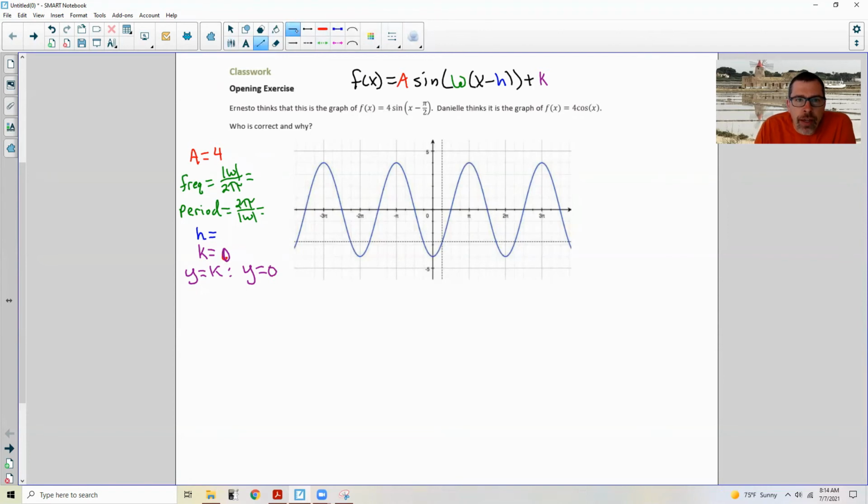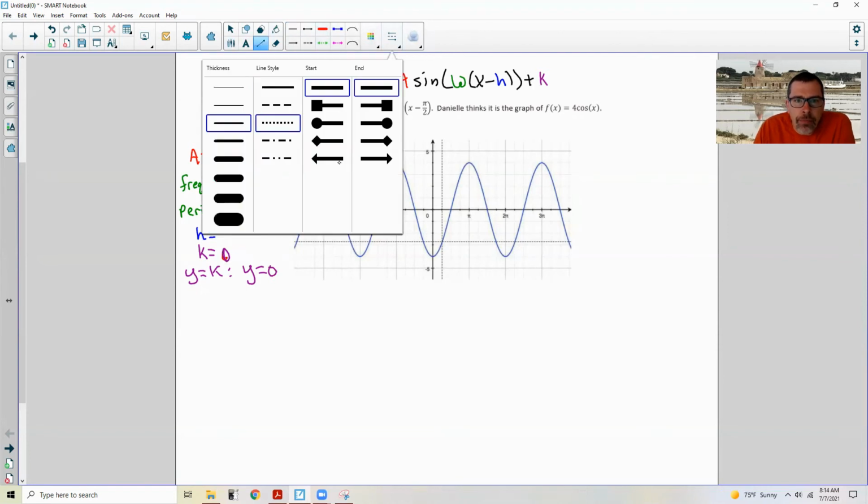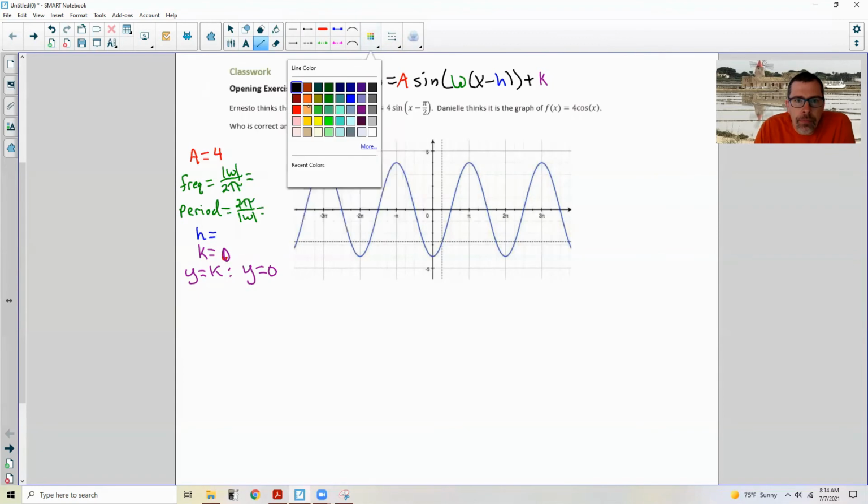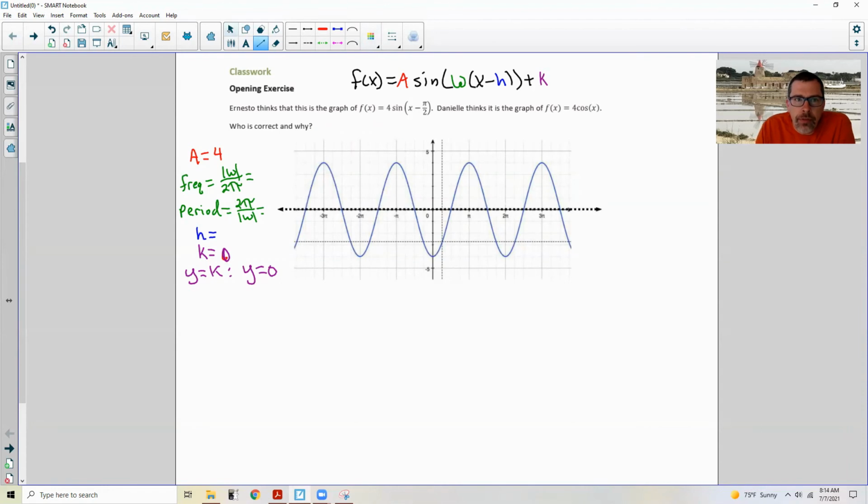So if I draw that midline, it's the x-axis. Okay, so there's the midline. So it's not shifted up or down. What is h in this situation? H is pi over 2.